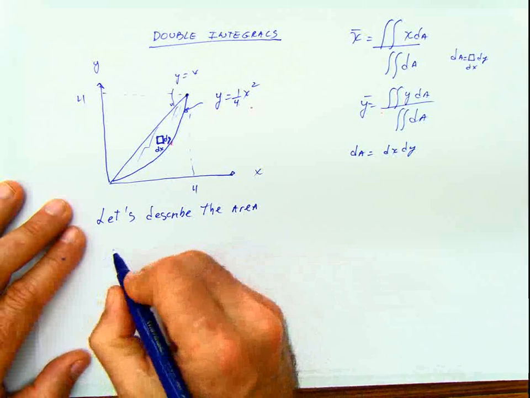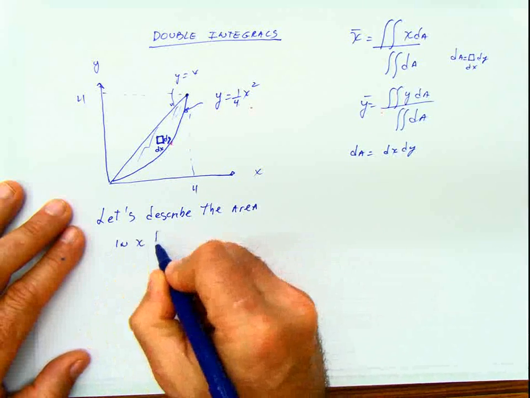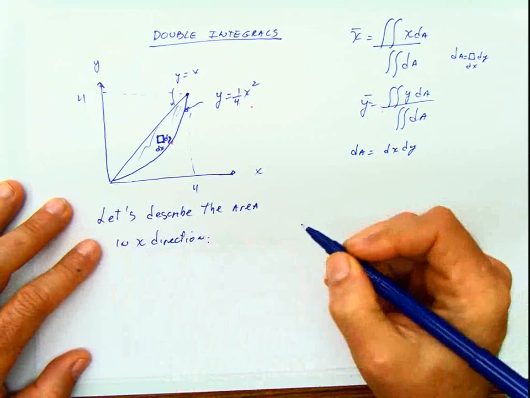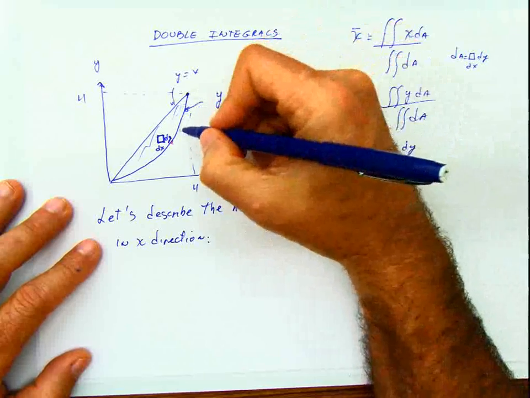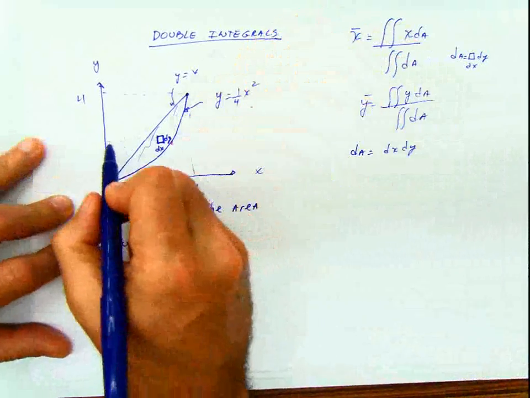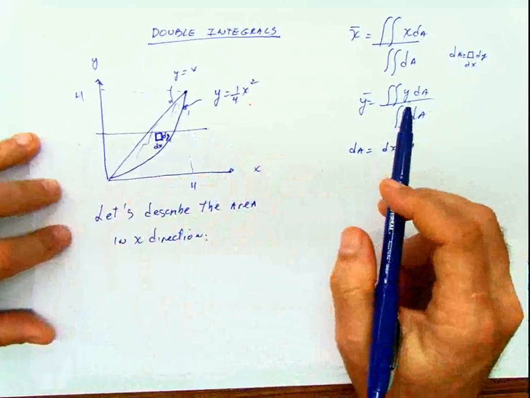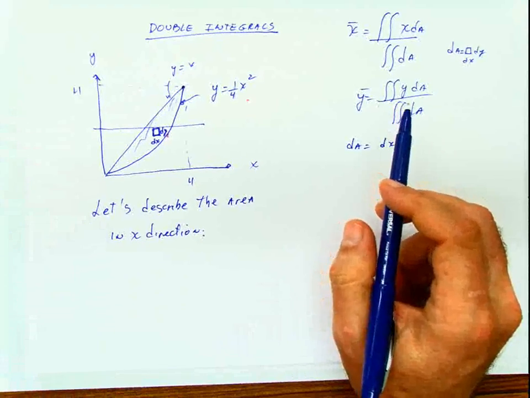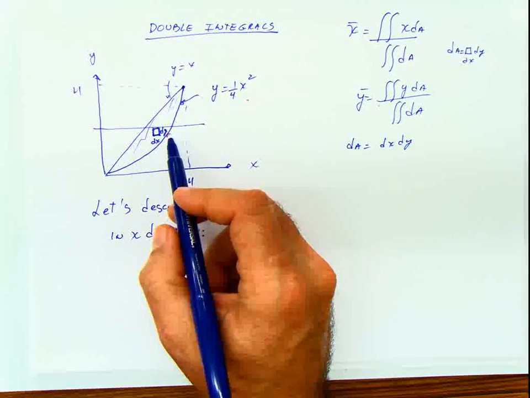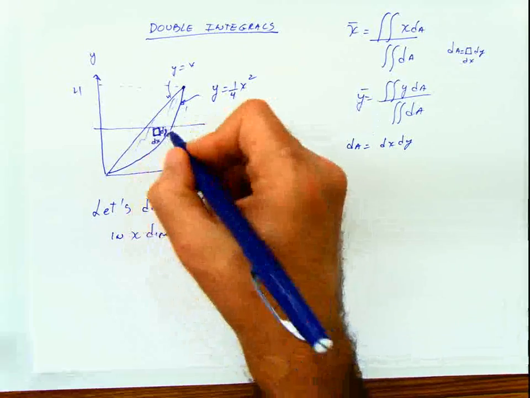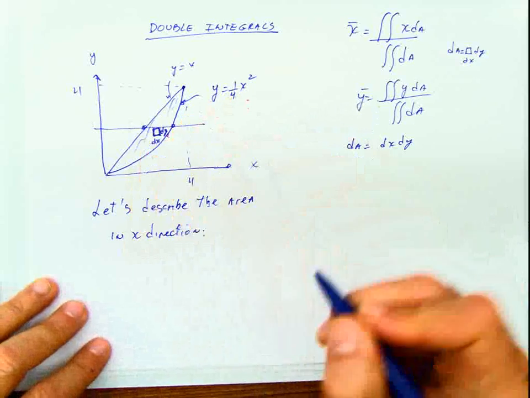Okay, in the x direction, my area is defined. Let's say that I'm going to draw a line in this direction. If I draw a line in this direction and I have to define that area, I will say that that area goes from this point to this point.